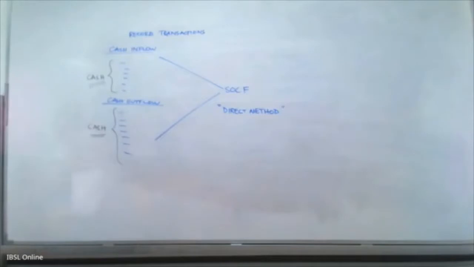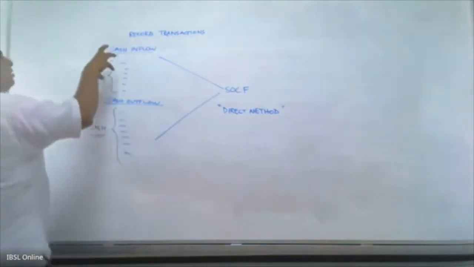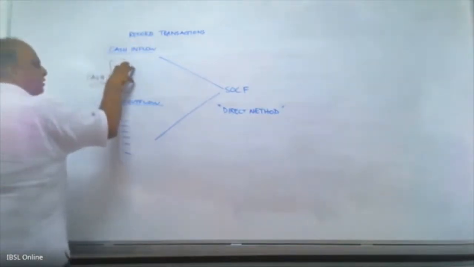Say, for example, let's take a bank. Do you know how many transactions take place in the form of cash? You can't imagine. For a day, there could be even more than 100,000 transactions. So out of the 100,000 odd transactions, you have to find out what are the cash transactions.